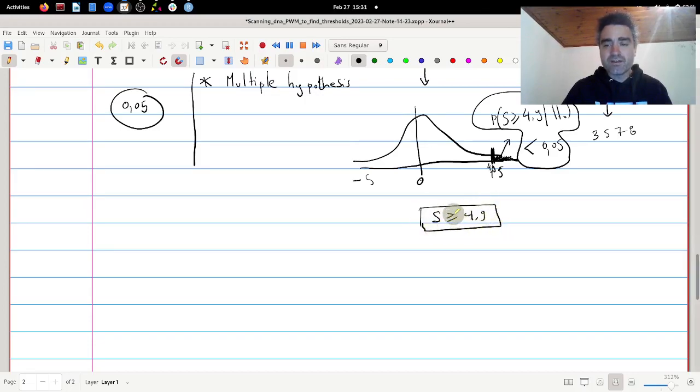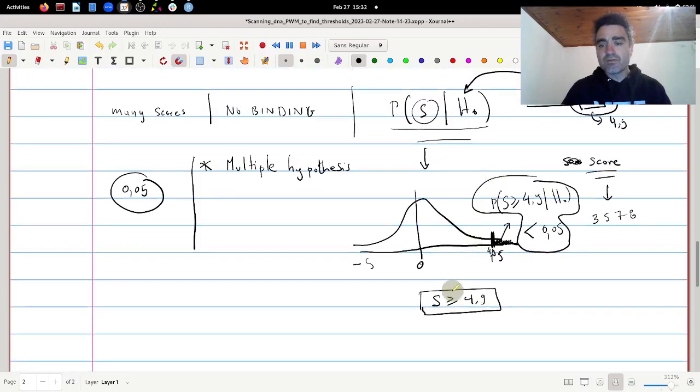We are interested in this inequality because we know that when there is binding we expect high scores, and we want to assess how possible it is to get such high scores or even higher when there is no binding. Okay, there are other cases where we are not only interested in the direction of higher than, but in different than.